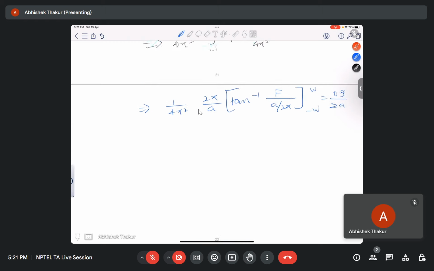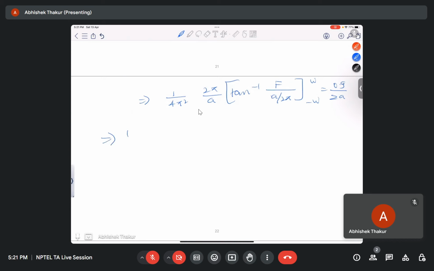Now substituting the values omega and minus omega, we will get tan inverse of omega by (a by 2 pi), and the tan inverse term will become 2 tan inverse of 2 pi omega by a. So here this 4 is getting cancelled.